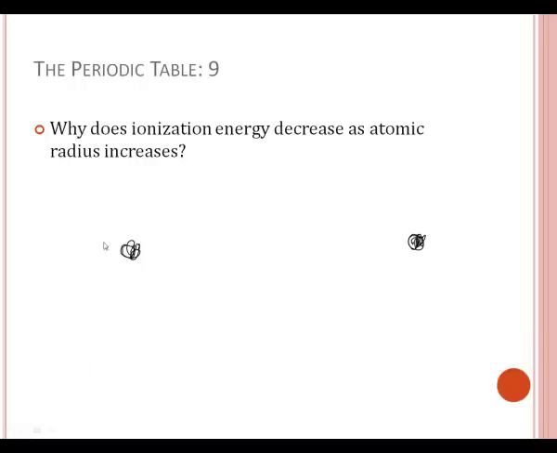If my electrons are really far, the red dots are really far from the nucleus, then it's going to be easy to pull one off. Whereas if they're really close, the attraction between the electrons and the nucleus is strong.